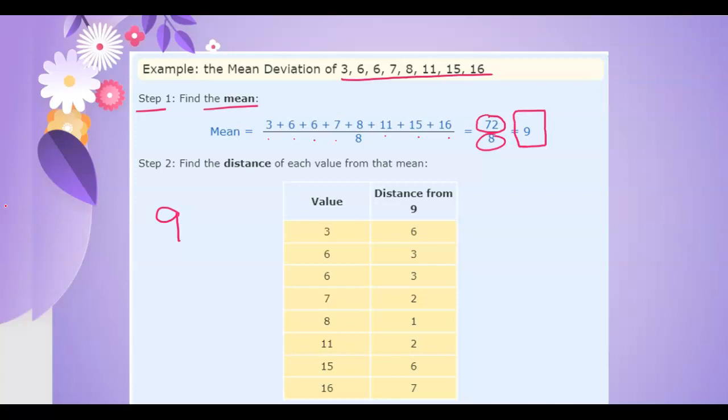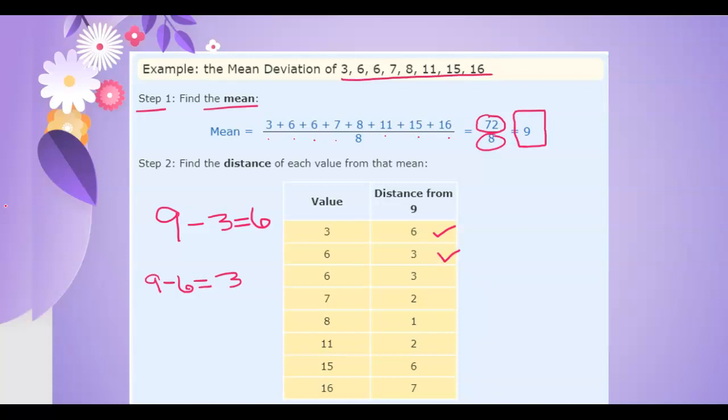So all I have to do is subtract the first data value, 9 minus 3. It's 6 bunny hops away from the mean. That's where I get this number here. 6 is our next data value. 9 minus 6 equals 3. It's 3 bunny hops away from 9.